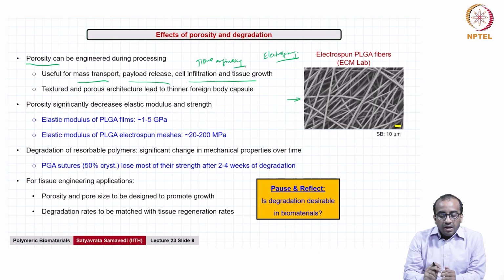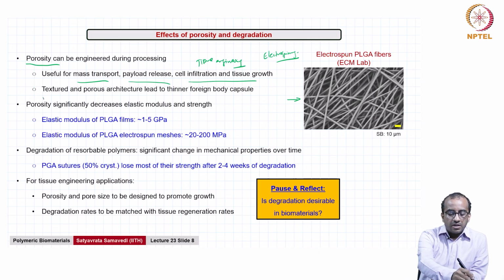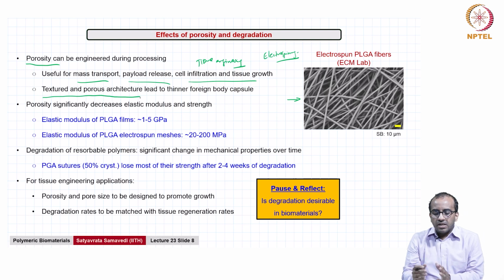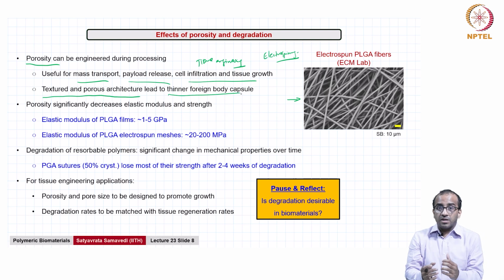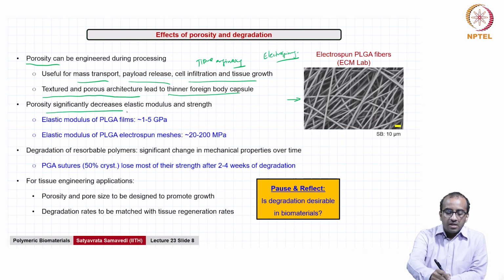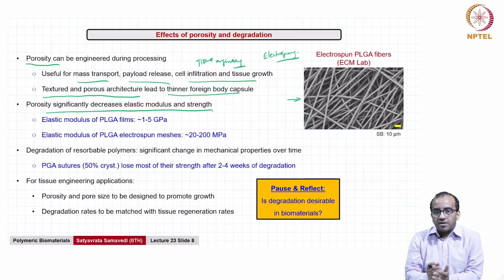It has historically been noted that compared to completely smooth materials, textured and porous architectures typically lead to a thinner foreign body capsule, which means a higher chance that the material is going to be integrated without an adverse foreign body response. Now, that comes at a cost because porosity is going to significantly decrease your elastic modulus and strength, as should be fairly clear to you.